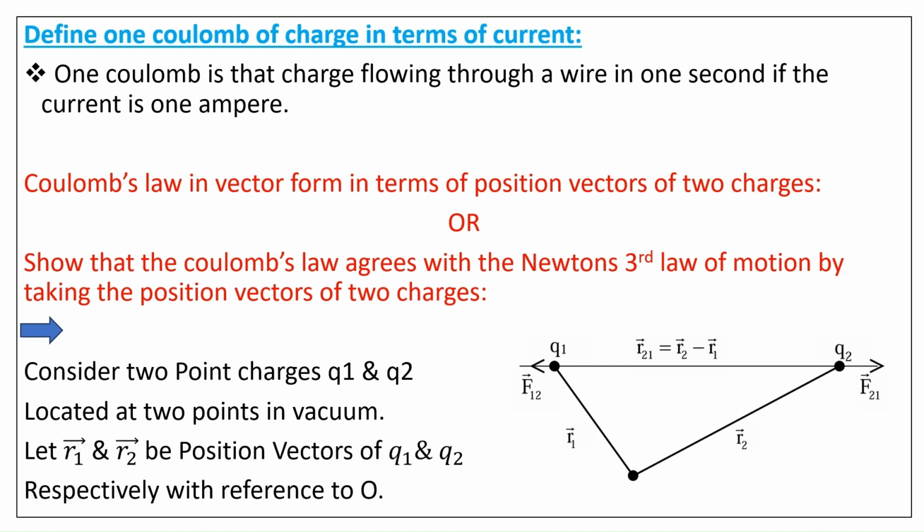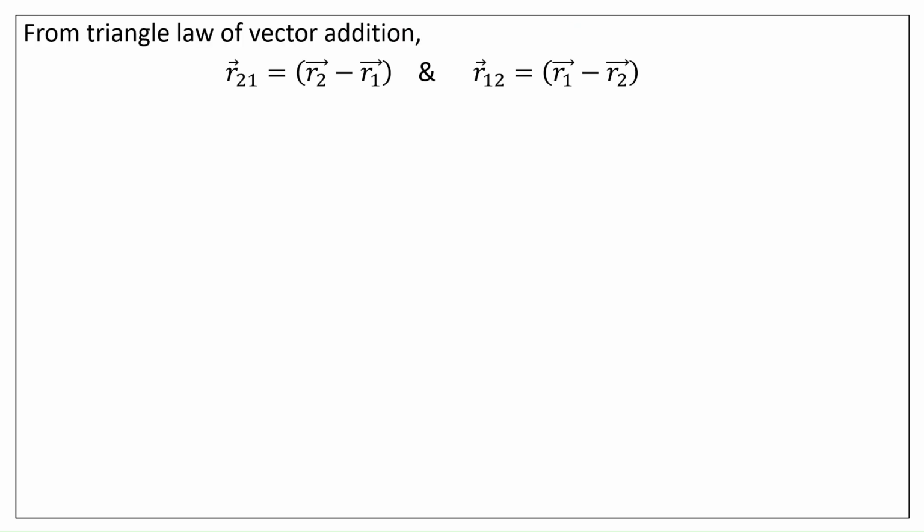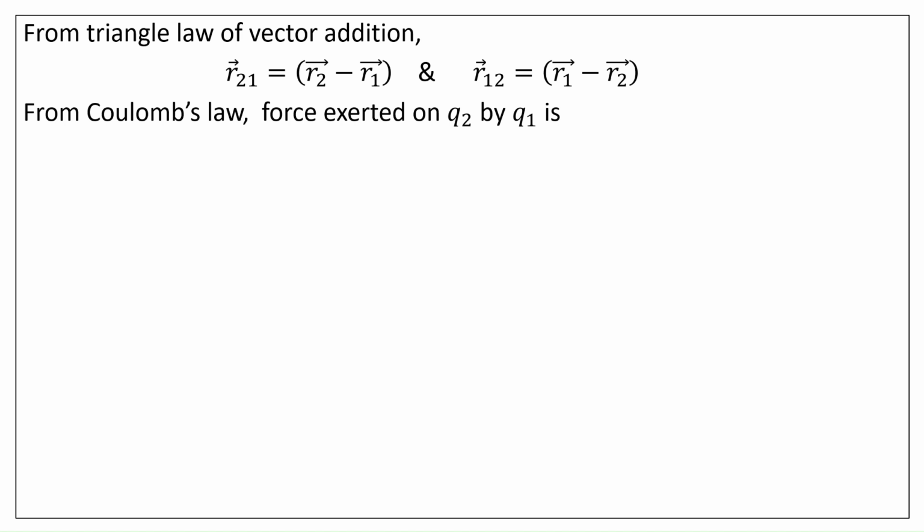Let vectors R1 and R2 be the position vectors of Q1 and Q2 respectively with reference to O. From the triangle law of vector addition, vector R21 is equal to vector R2 minus vector R1, and vector R12 is equal to vector R1 minus vector R2.